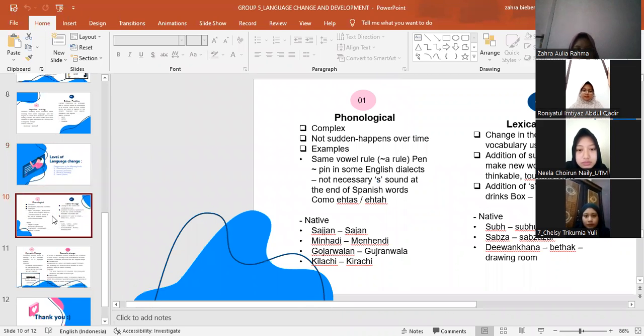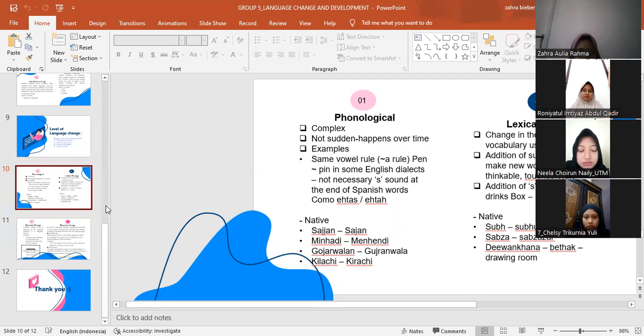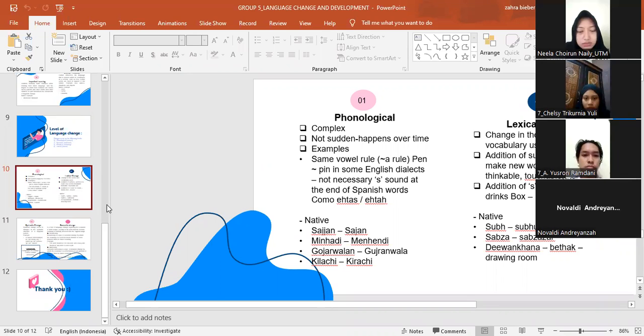Next, phonological and complex. Not sudden, it happens over time. For example, some vowel rules, like when pin in some English dialects, and a short vowel that is not necessary at the end of a Spanish word.